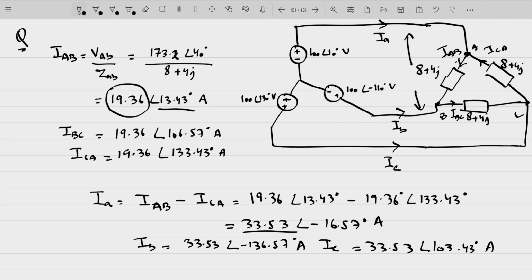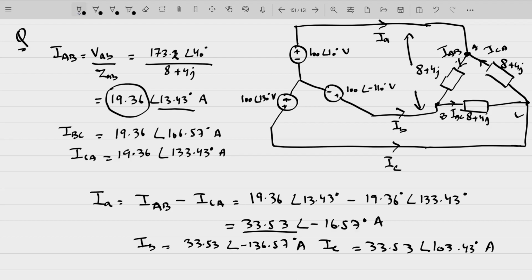The rest of the line currents you can directly say from that one, they'll have the same magnitude and be shifted by 120 degrees from each other, and the same goes with phase voltage and line voltage. You have to find out only one value, and the rest are automatically available to us, but only for balanced circuits, not for unbalanced circuits.